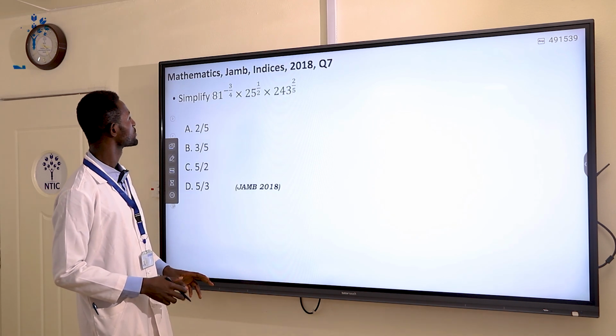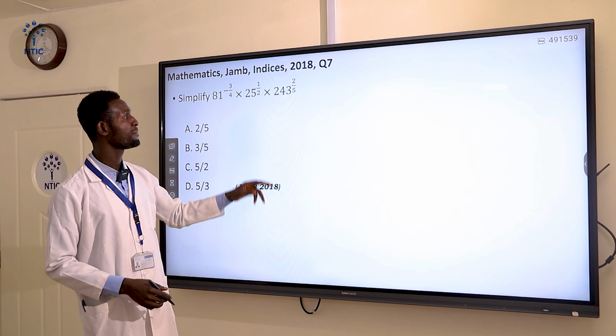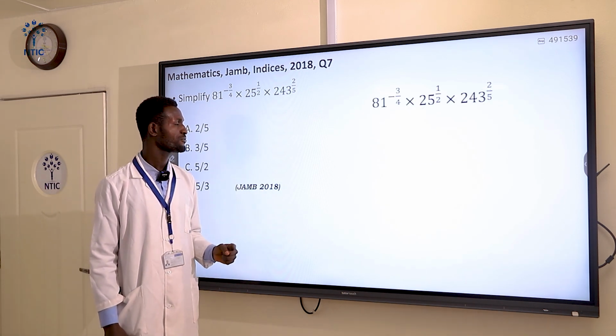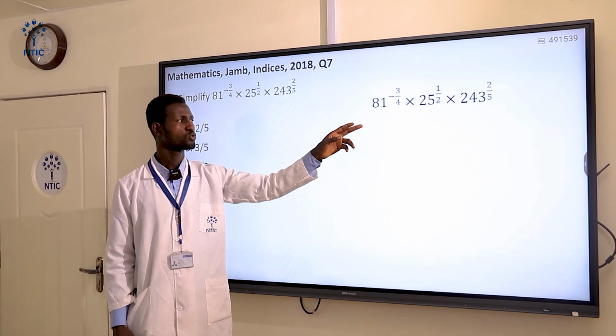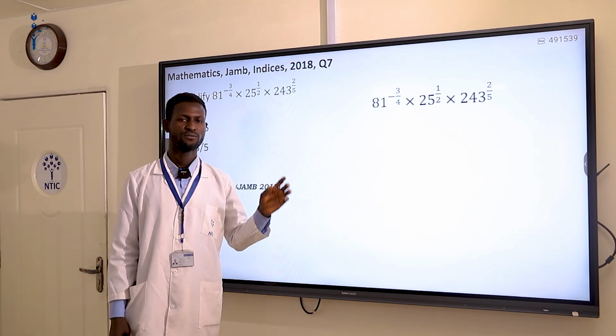The next question says we should simplify 81 raised to the power minus 3 over 4 times 25 raised to the power 1 over 2 times 243 raised to the power 2 over 5.